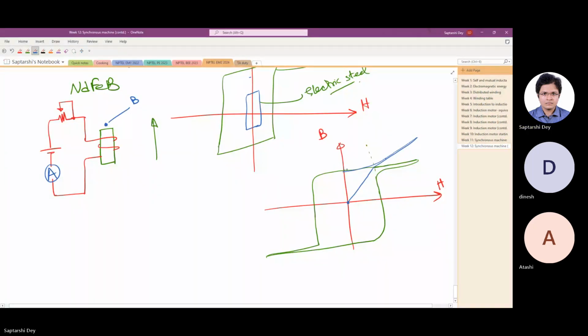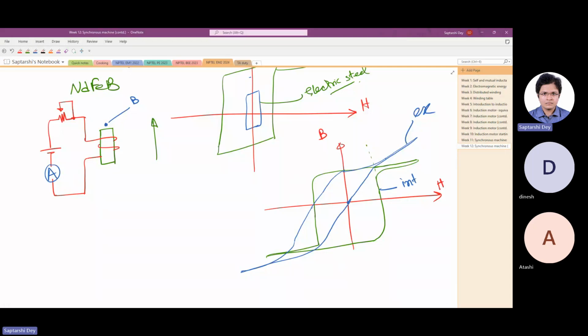And then when there is a negative H, it goes something like this. When H is equal to this internal, it becomes 0, comes down, goes like this. So this blue one is the external, green one is the internal.